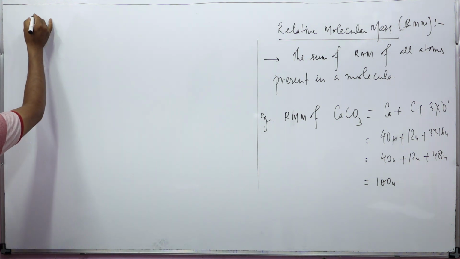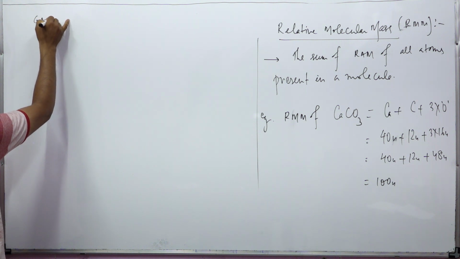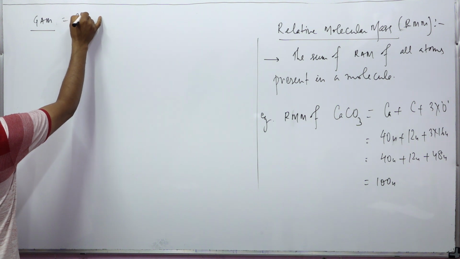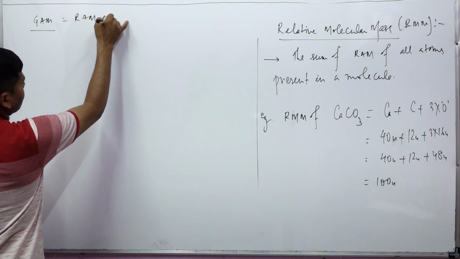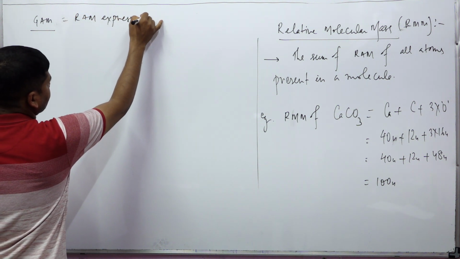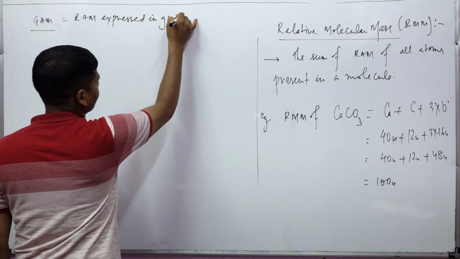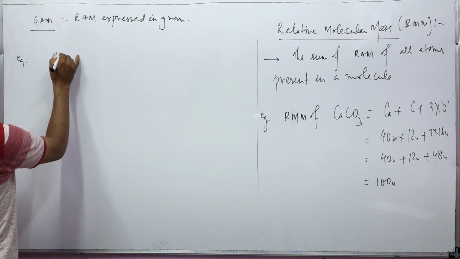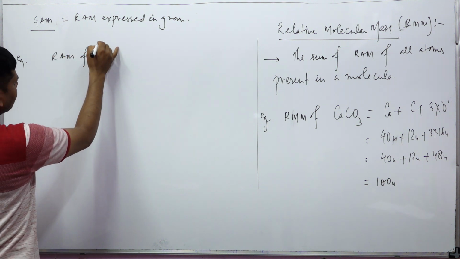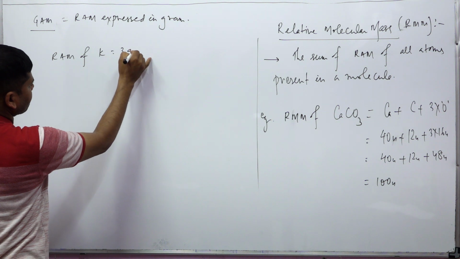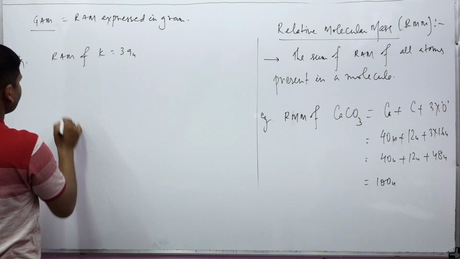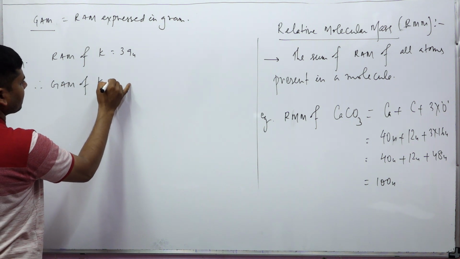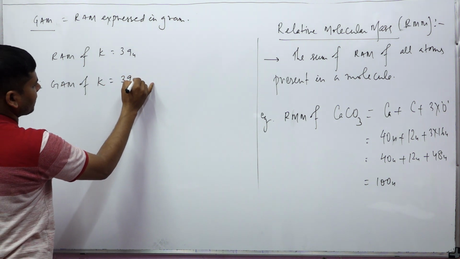So it is gram atomic mass, means relative atomic mass expressed in gram. For example, relative atomic mass of potassium is, let us say, 39U. So therefore gram atomic mass of potassium would be 39 gram.